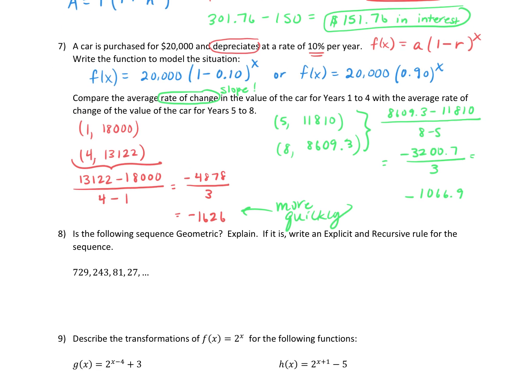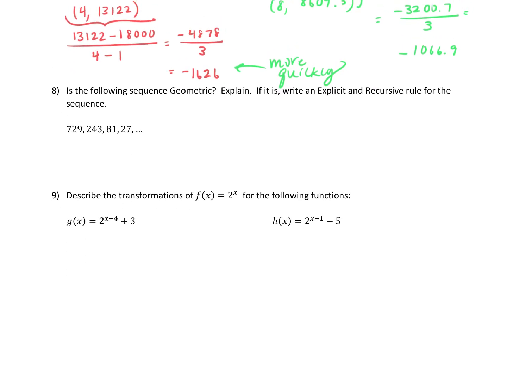All right. Number 8, is the following sequence geometric? Explain. If it is, write an explicit and recursive rule for the sequence. So geometric, what we do is we divide this term by the term before, this divided by this, divided by this. That's how we check to see if it's geometric.